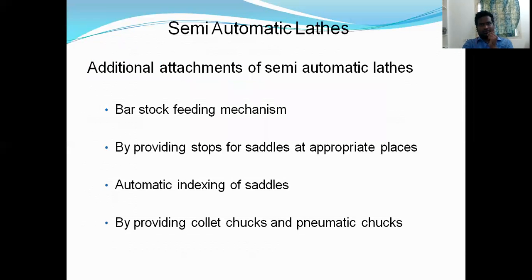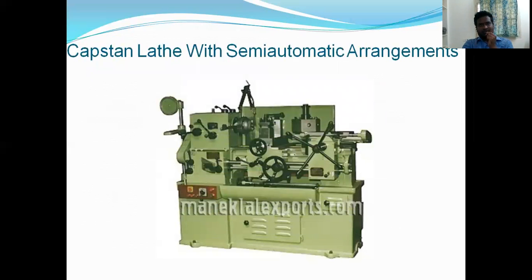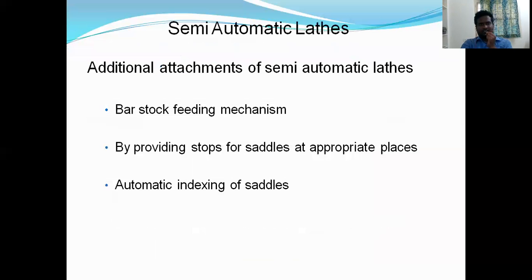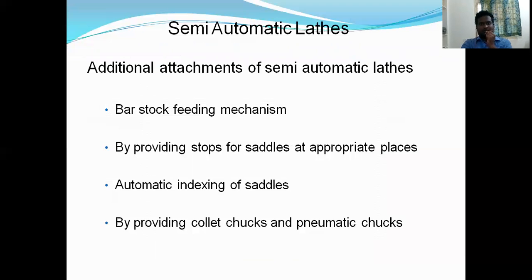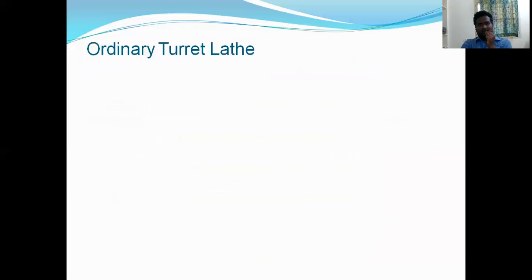These are the attachments: a bar feeding mechanism by providing stops for saddles at appropriate places, and automatic indexing of saddles by providing collet chucks and pneumatic chucks. This is the capstan lathe with the semi-automatic arrangement.